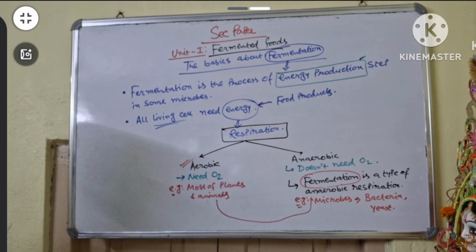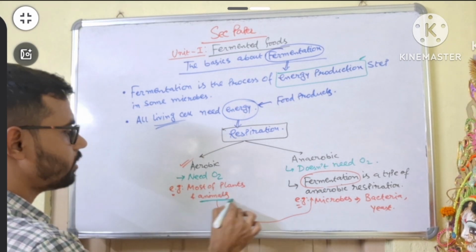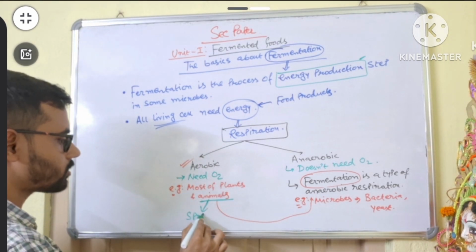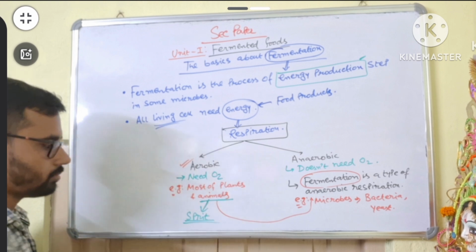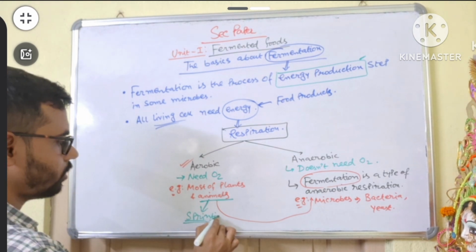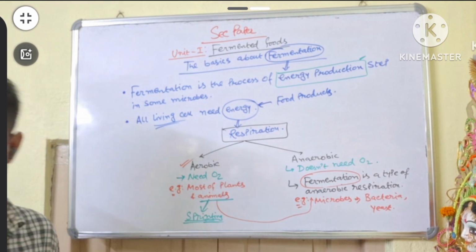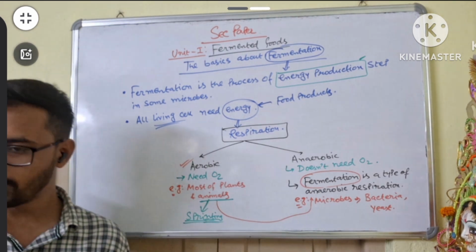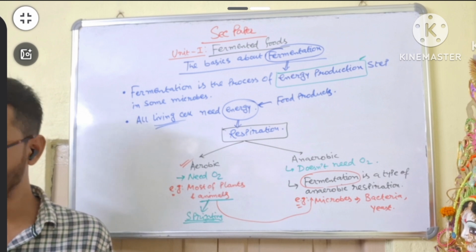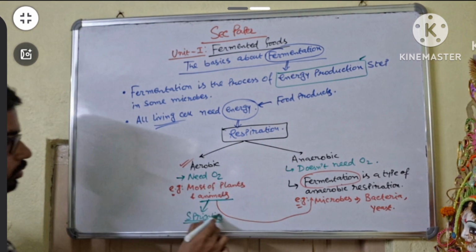So when animals or humans sprint, a quick burst of energy is required, or during heavy exercise. But at that time oxygen gets very low inside the tissue.